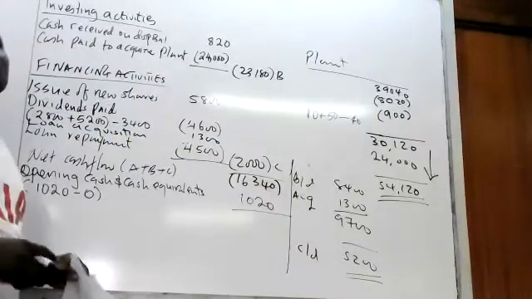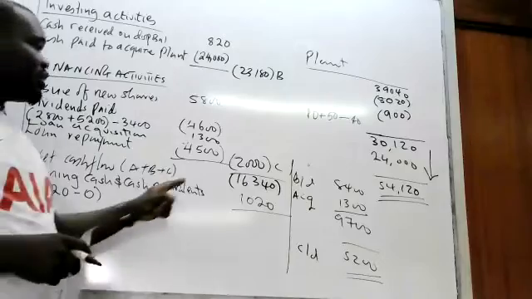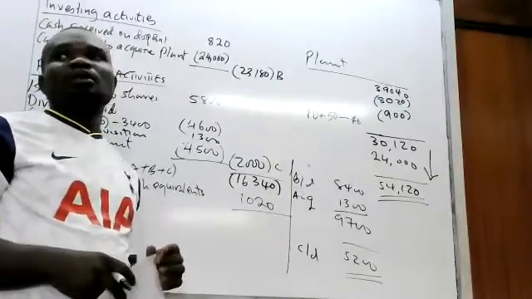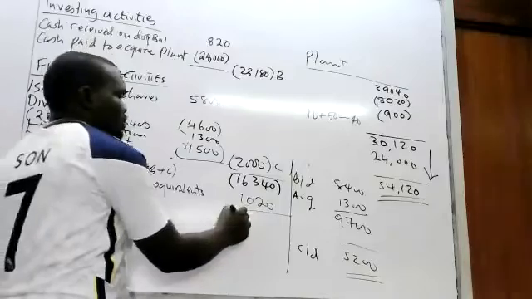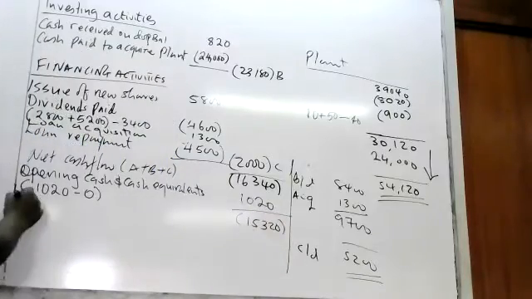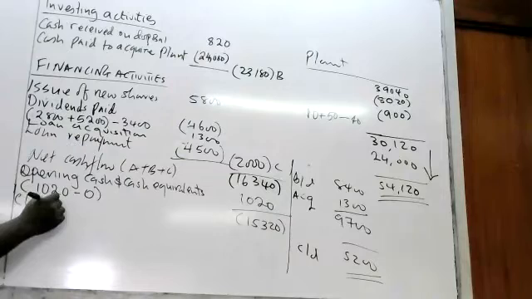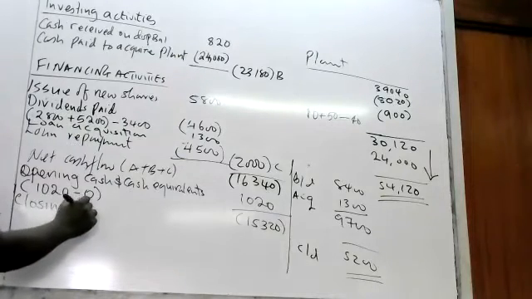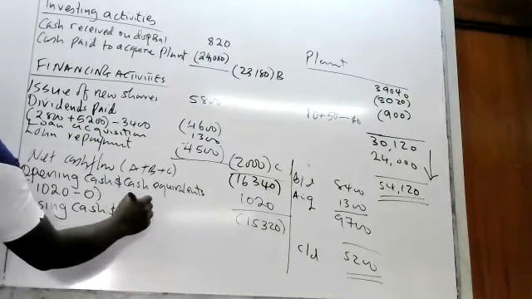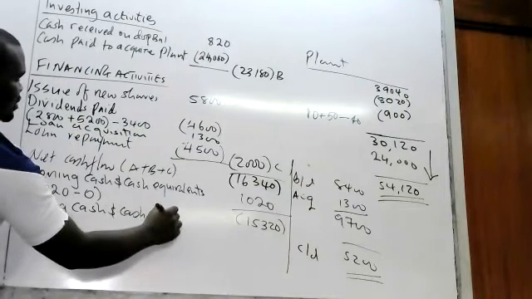Then we compare. Negative 6340 plus 1020. Negative 5320. All right, so let's check. Closing cash and cash equivalents.